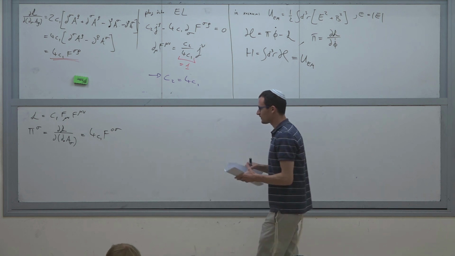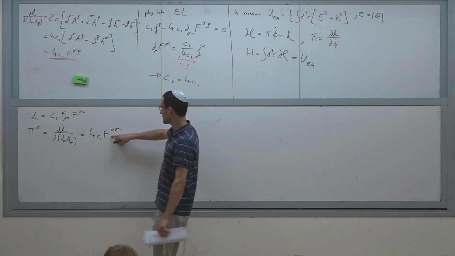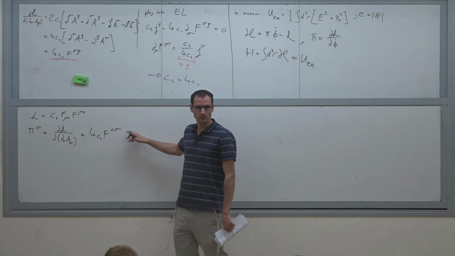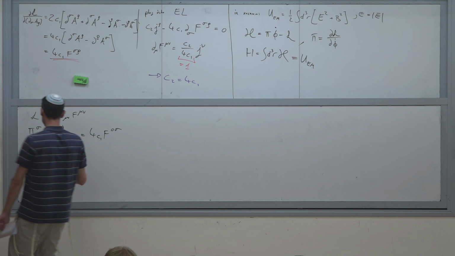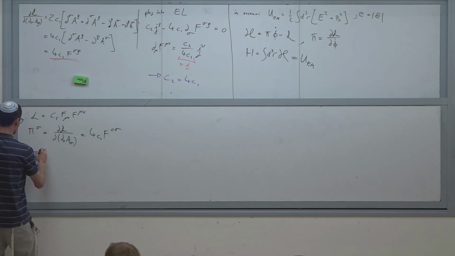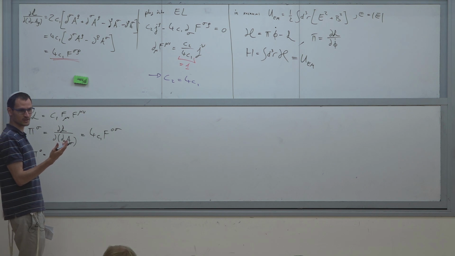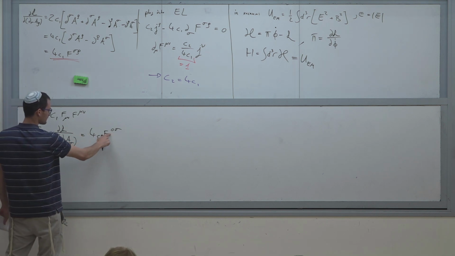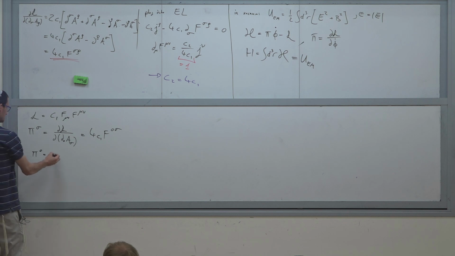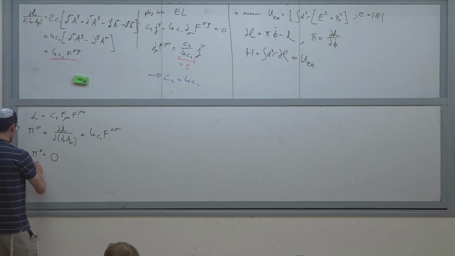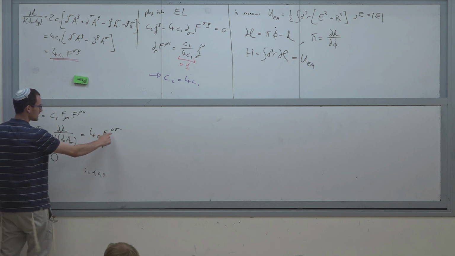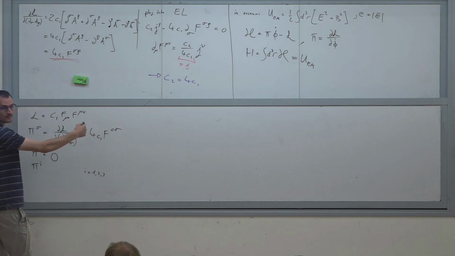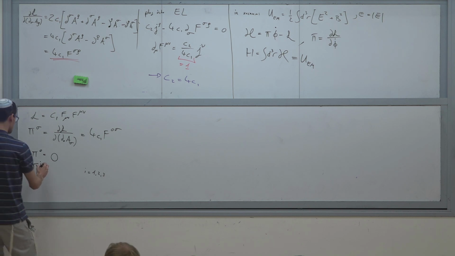So what does this tell us, first of all? Let's look back a few pages and remember what F mu nu are and what the different elements are. So you see that pi 0, the momentum conjugate to the electric potential, is the element F00, which is 0, and the momentum that is conjugate, so for I equals 1, 2, 3, or x, y, z, they're the elements F01, F02, and F03, which is minus the electric field.